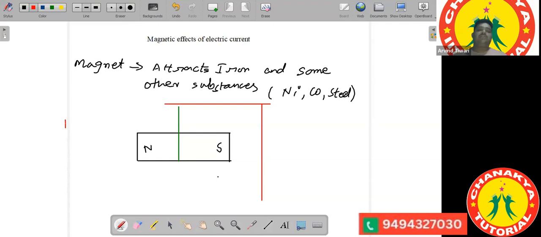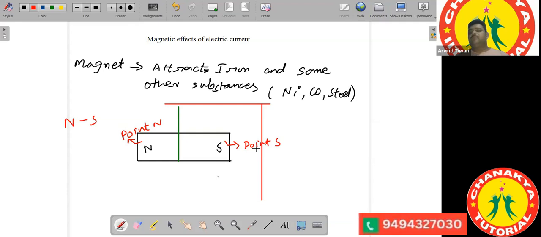Let's say if this pole points towards north, this will be the north pole. If this pole points towards the south, this will be the south pole. The pole which always points toward north is the north pole, and the other points south.